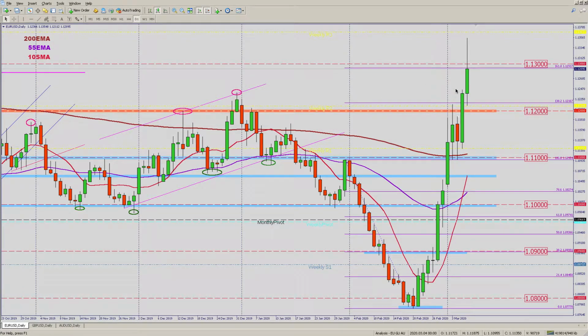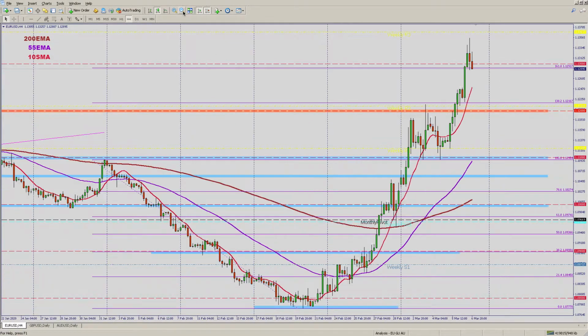And even though the non-farm payroll numbers from the US on Friday night were very strong, it didn't faze the euro as the dollar continued to weaken.